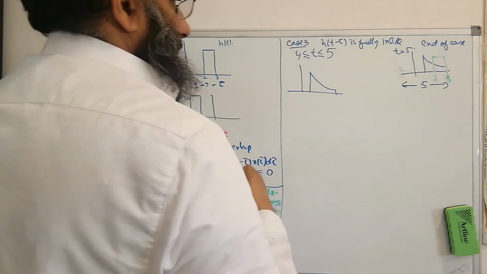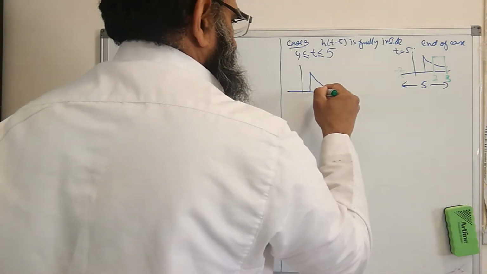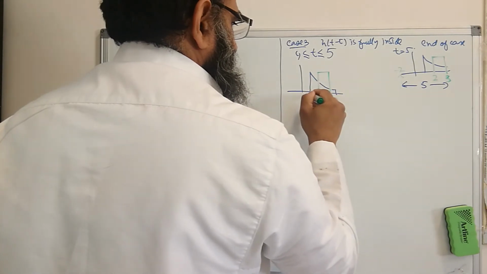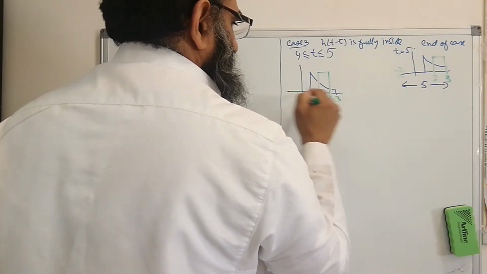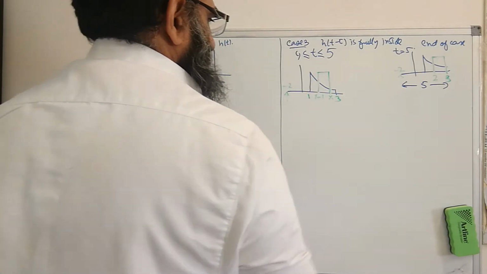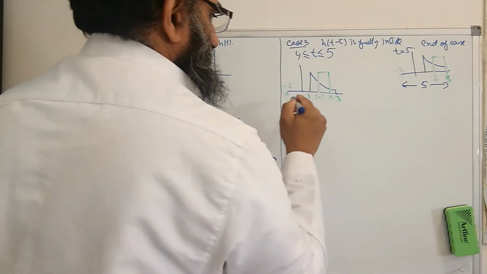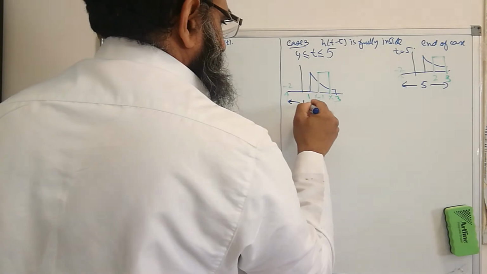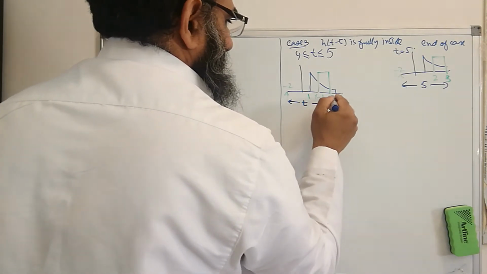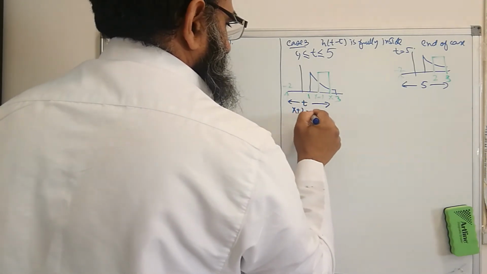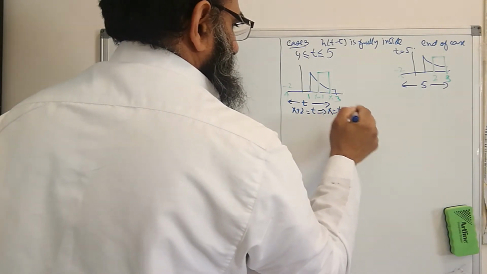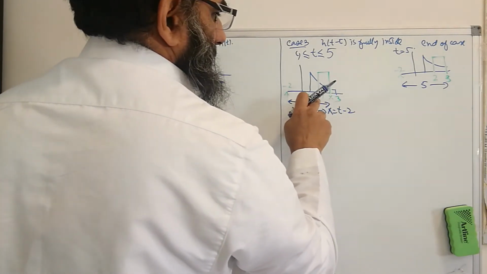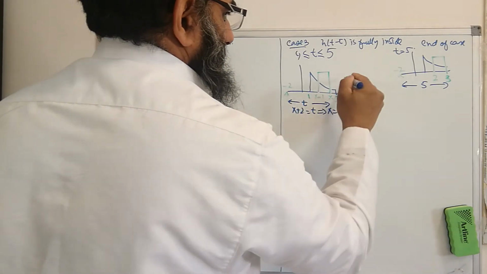The case will look like this. My pulse h of t minus 2 is fully inside. This is 1, this is 3, this is x, and this is x minus 1. Again, my reference is minus 2, so this shift is t. So x plus 2 equal to t, and x equal to t minus 2. So it will go from t minus 3 to t minus 2.